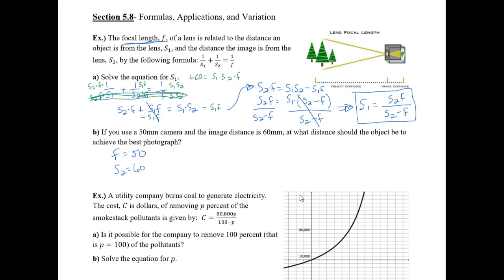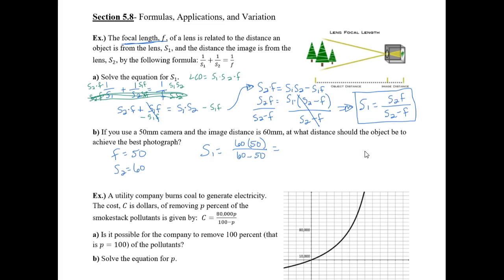Now we plug it in. We're going to use this equation that already had S1 solved. S1 was the distance of the object, and that's what we're trying to find. So S1 equals, S2 was 60, F was 50, divided by S2, which is 60, minus F, which was 50.